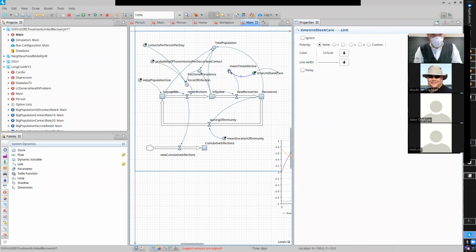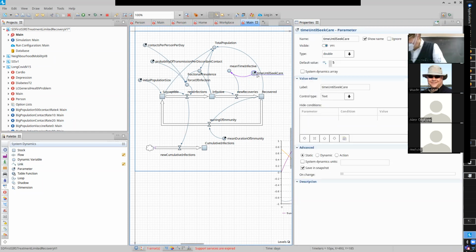And we're going to connect that to mean time infected. Okay, great.